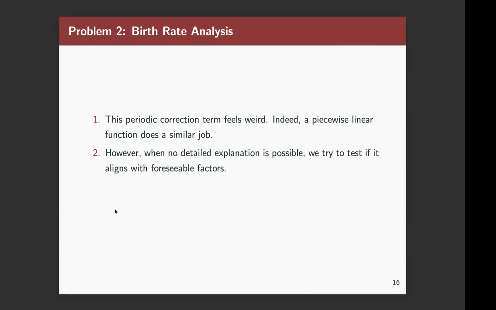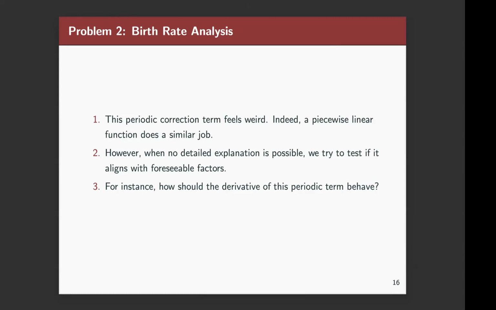So when no detailed explanation is possible because we cannot know whether it actually fits the sine function, we try to test if this function aligns with the foreseeable factors that we can actually assess. So for instance, based on the behavior of bees, how should the derivative of this periodic term behave? Do any of you know? So let's say maybe near t equals 0, t equals 1, t equals 1/2 during the spring.